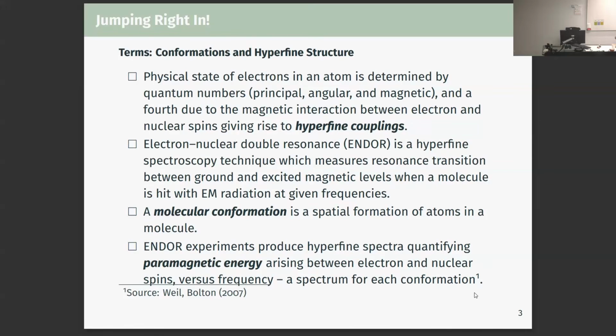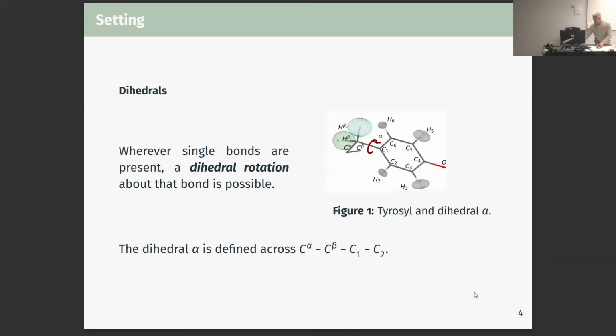And just to make this more clear, I brought a model. So this is a model of the tyrosine molecule in question that is the focus of our study. And it's pretty interesting because at room temperature, the bond lengths and the angles are considered stable.